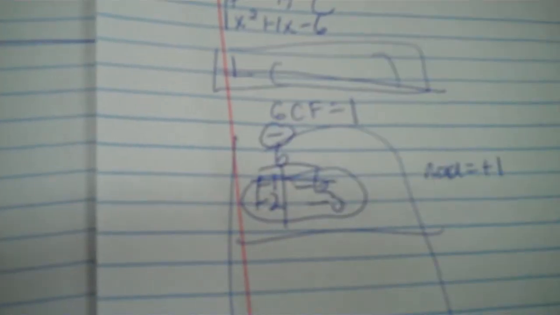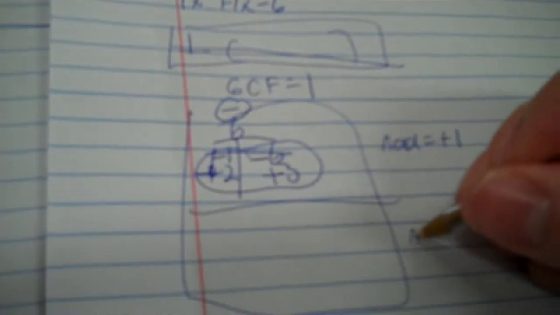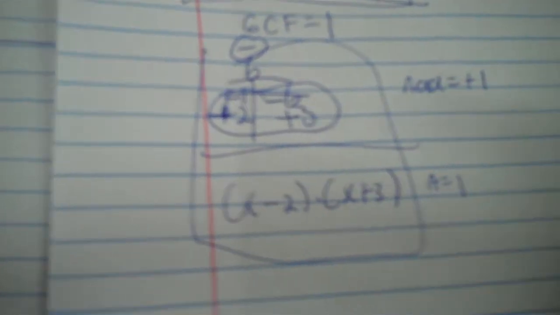So 1 times negative 6 is negative 6, that's a positive times a negative, and we're adding to try to get to plus 1. 6 divided by 1 is 6, that's negative 5, that won't work. 6 divided by 2 is 3, that's negative 1, so we have the right numbers, just the wrong sign. So plus 3 minus 2. Now the a is 1, so you can forget that, and it's just x minus 2 times x plus 3.